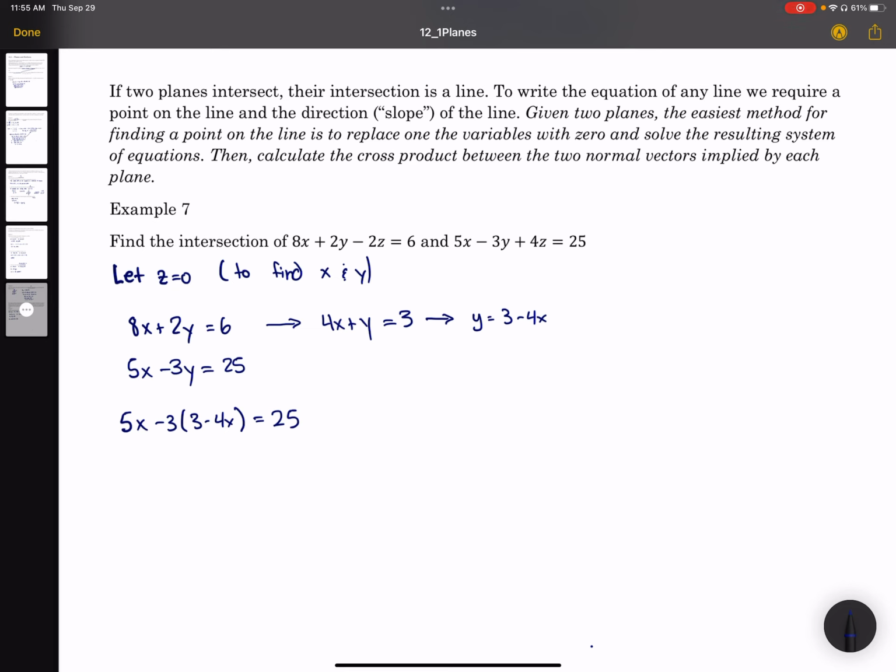All right, so to not bore you with the algebra, we're going to get 17x, and that's minus 9, so we add to both sides. So 17x equals 34, so x equals 2. And since x equals 2, y equals 3 minus 4 times 2, which is negative 5.